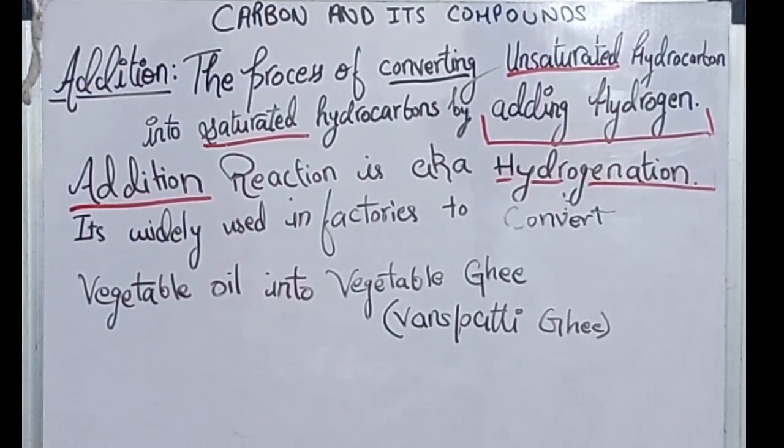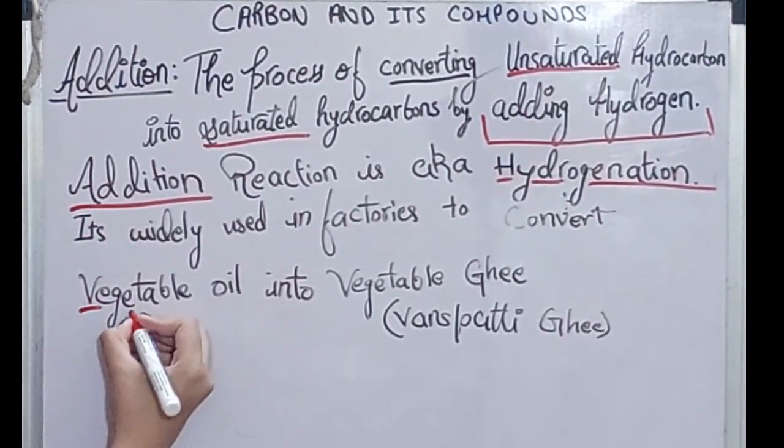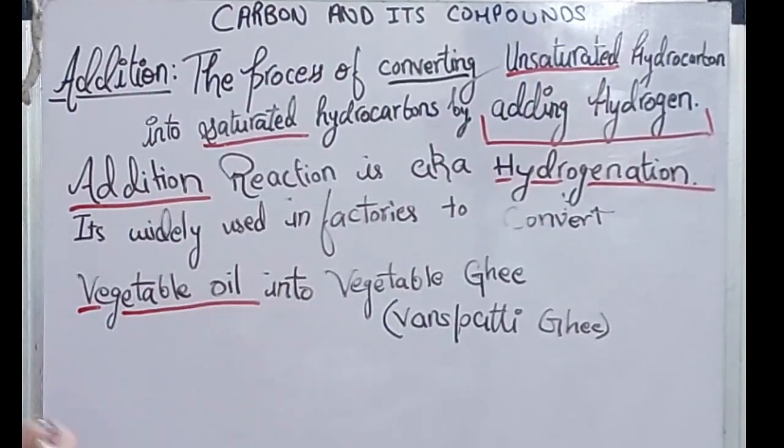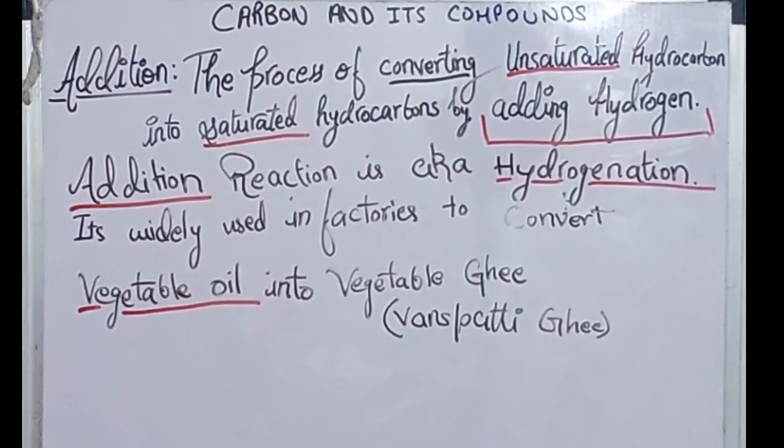What I said was hydrogenation is widely used in factories to convert vegetable oil. अब vegetable oil क्या है? The oil obtained from vegetables, right? वही है.